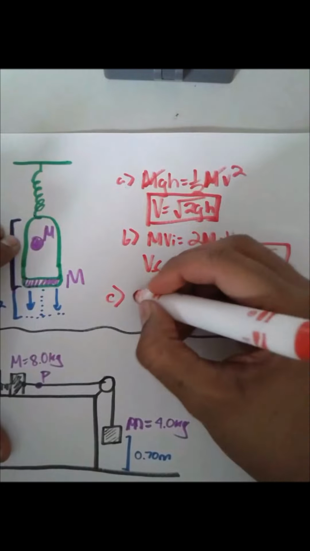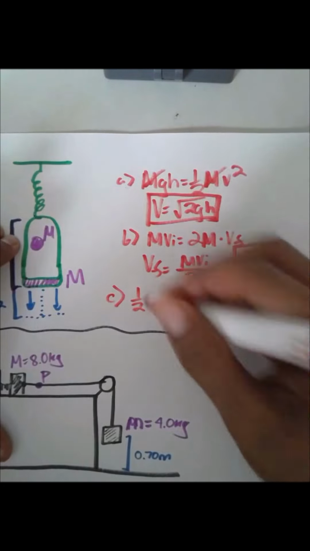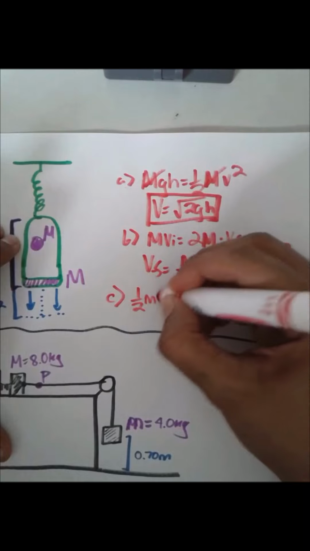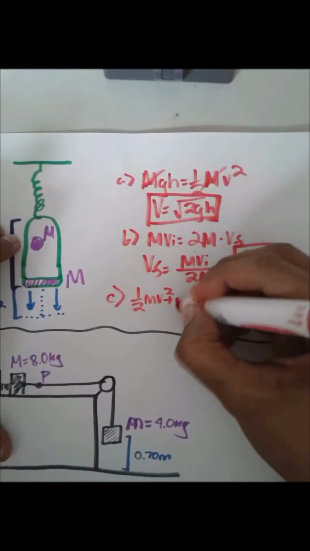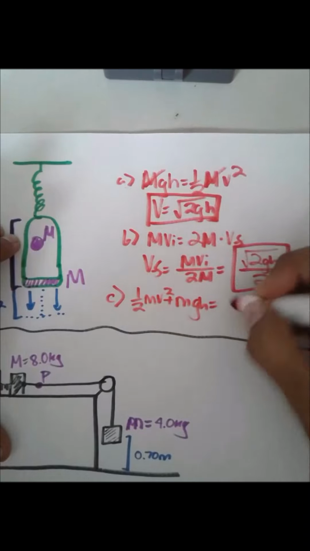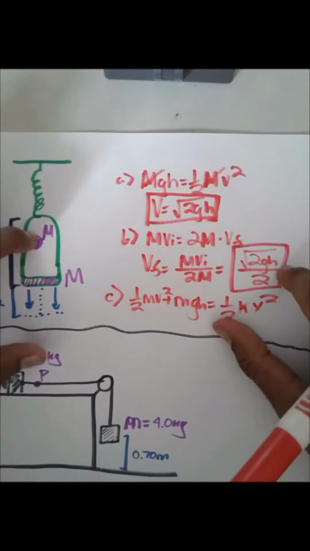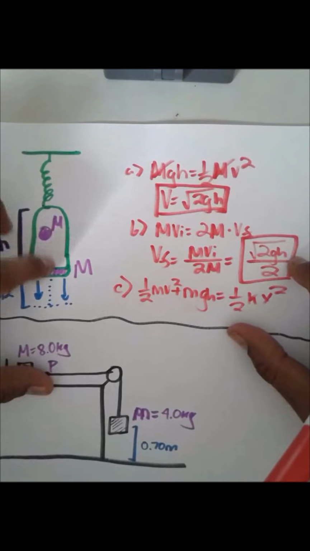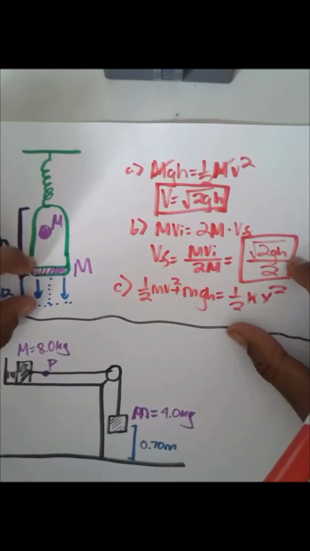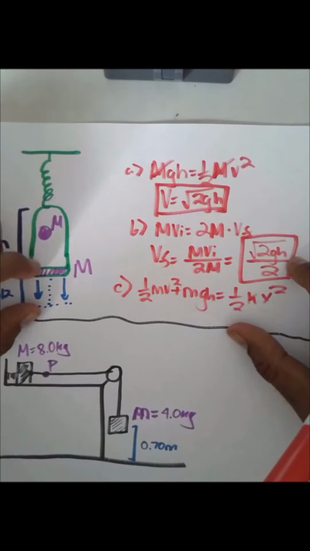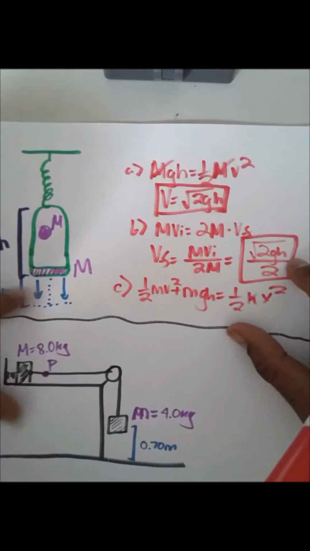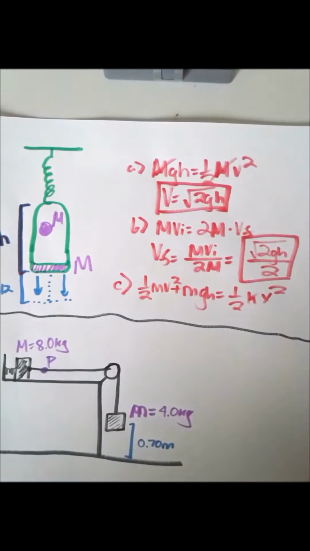So 1/2 mv squared plus mgh is equal to 1/2 kx squared. This kinetic energy plus this potential energy is going to be equal to the spring potential energy.